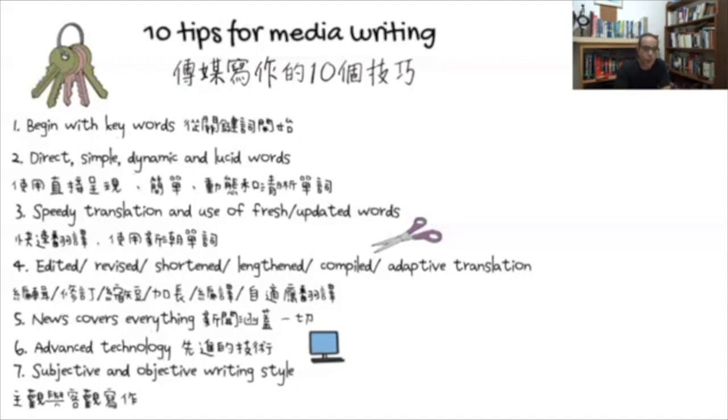But when you write, when you cover certain news, even though you have to use objective style, we all know that in the end, the way you show things, the way you present the news, or what kind of news you present, is always subjective. There is nothing called total objectivism.